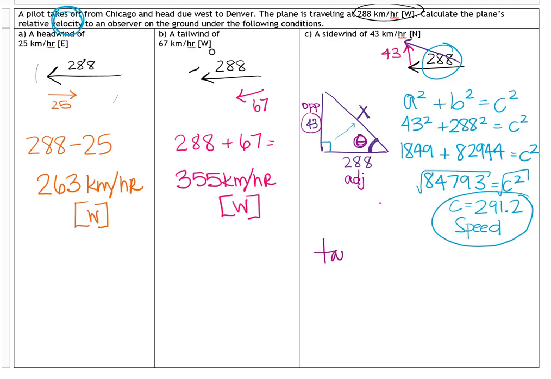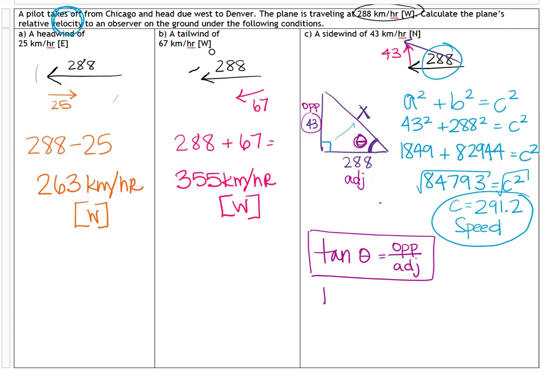And tangent of any angle is opposite over adjacent. If you don't remember this from math class, you just have to know how to use this equation. So I'll give you this. You won't ever have to memorize it, but this is like the SOHCAHTOA. This is the TOA part.